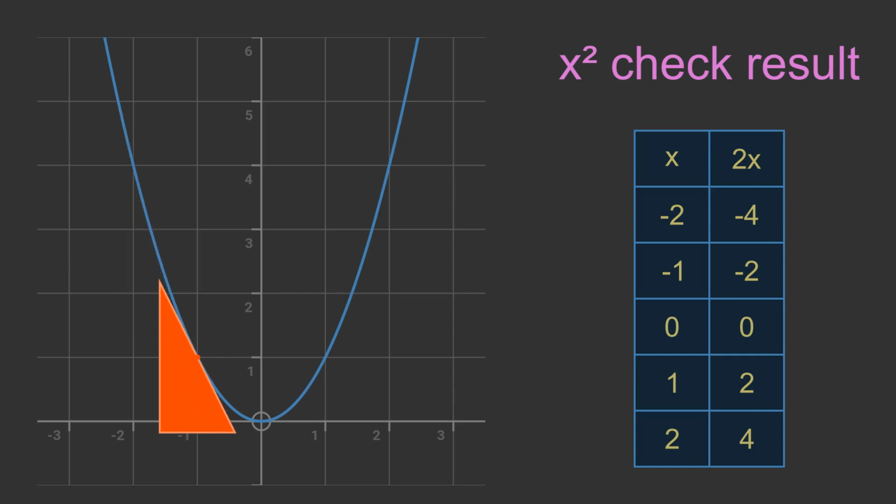Here is a tangent of slope -2 at x equals -1. When x is 0, the slope is 0 as expected. Here is a tangent of slope 2 at x equals 1. Here is a tangent of slope 4 at x equals 2. This provides an informal verification that the differential formula appears to be correct.